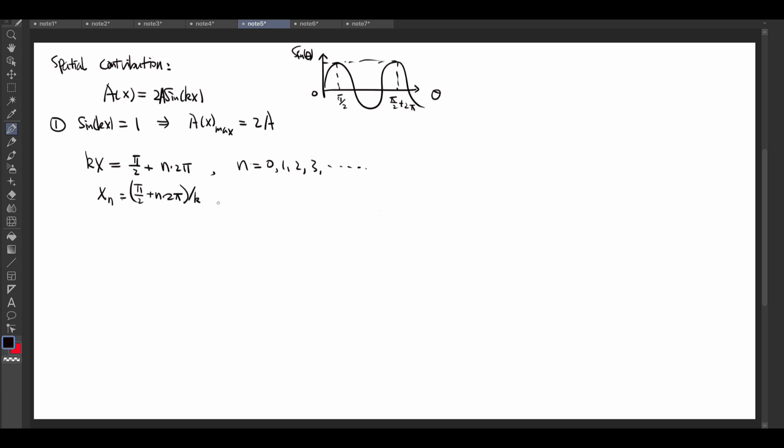These positions are called antinodes, okay, meaning the maximum amplitude positions.